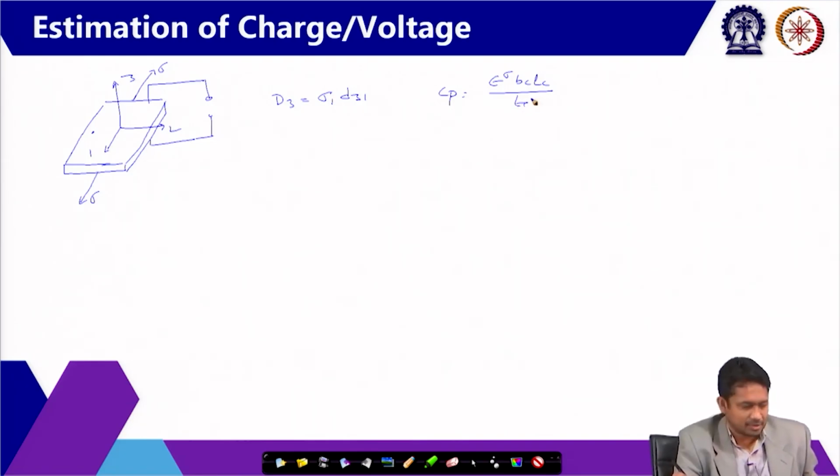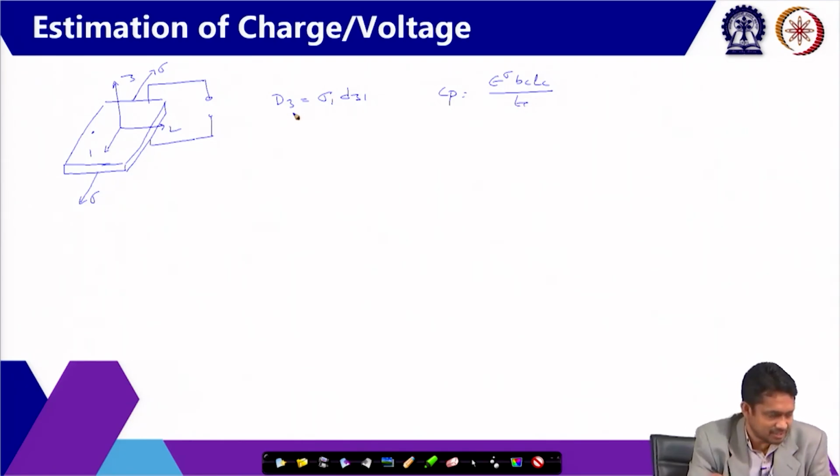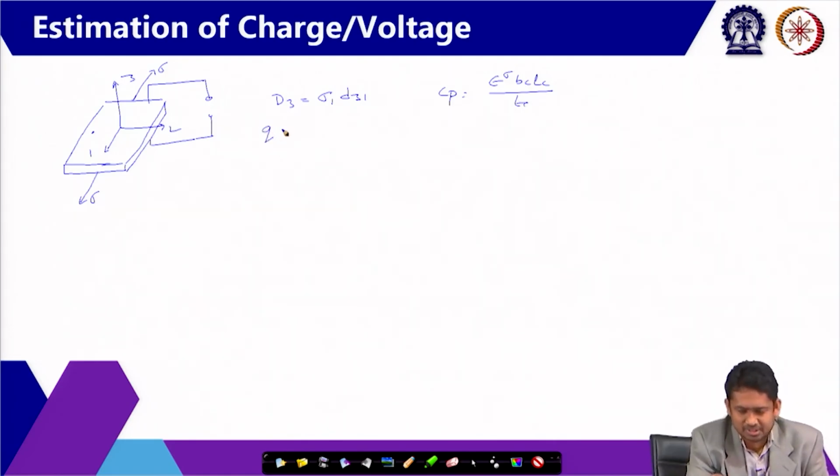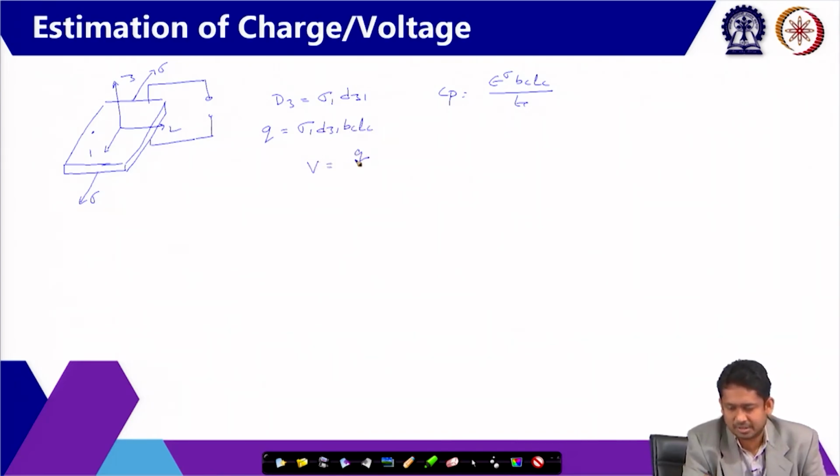From this D3 we can estimate the charge, which is sigma 1 multiplied by d31, that is D3 multiplied by Bc Lc. Now we put everything in Q equals CV, and that gives voltage equal to sigma 1 d31 Tc divided by epsilon 33 sigma.